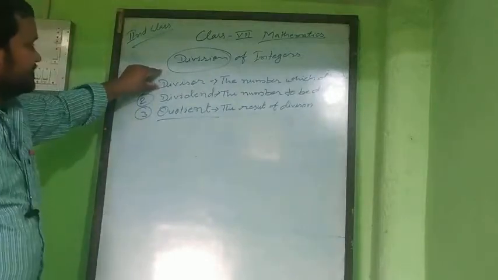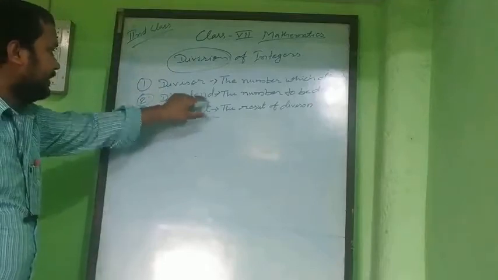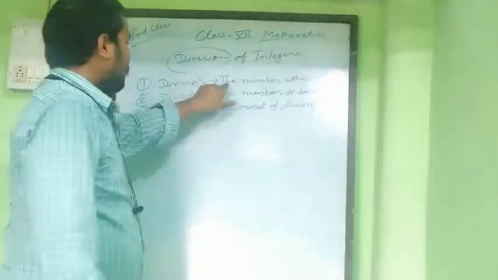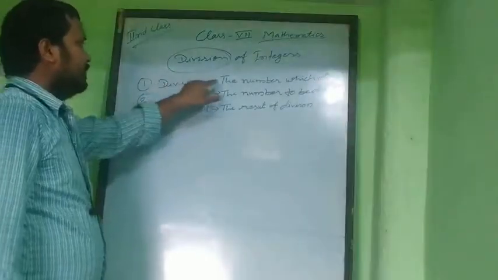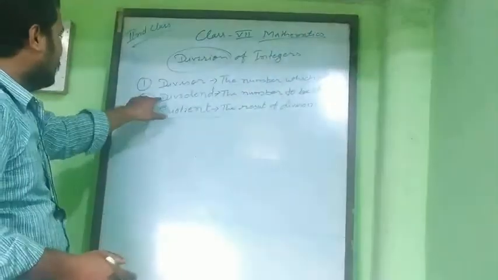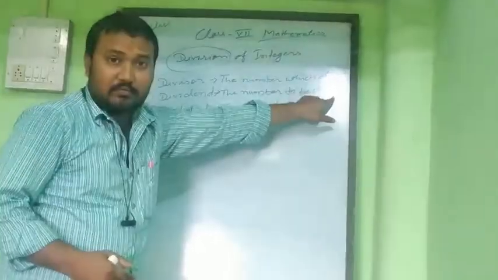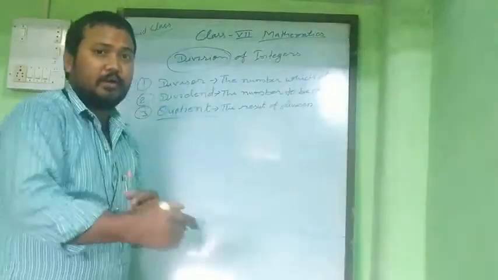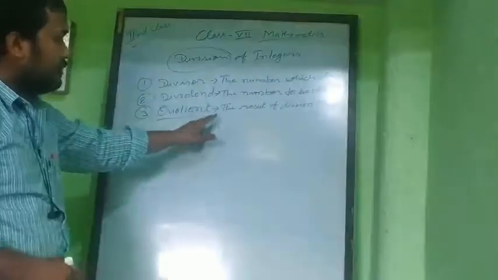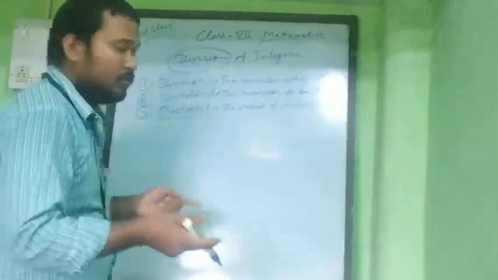This one is divisor, this one is dividend and this is quotient. What is divisor? The number which divides is called divisor. Dividend, the number to be divided. Quotient, the result of division is called quotient.